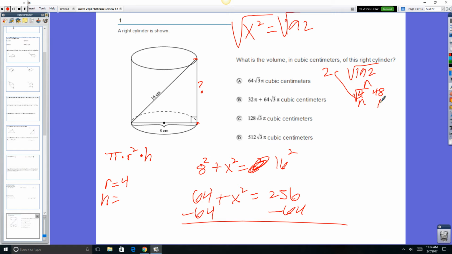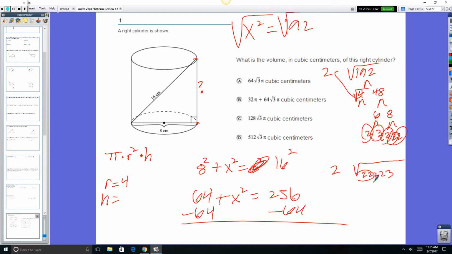Okay, let's bust up 48. 48 is 6 and 8. 6 is 2 and 3, done. 8 is 2, 2, 2. So I already have a 2 on the outside, and on the inside I've got 2, 2, 2, 2, 3.